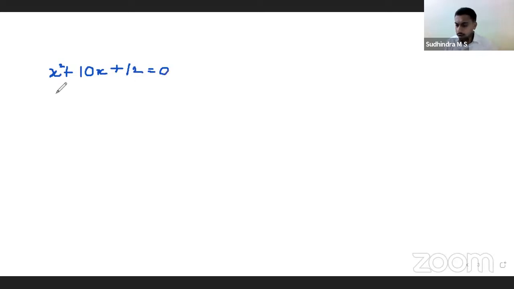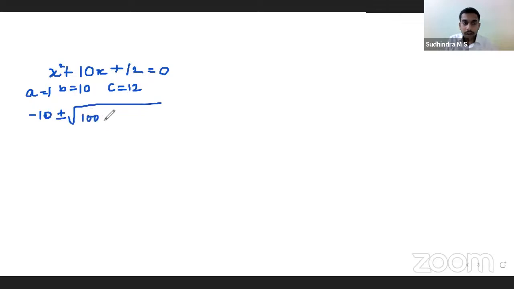We can either go with formula method or factorization. Factorization might become difficult. Formula: A is 1, B is 10, C is 12, correct? Now, minus B plus or minus root of B square, 10 square is 100, minus 4 into A into C, 4 into 1 into 12, divided by 2 into 1.